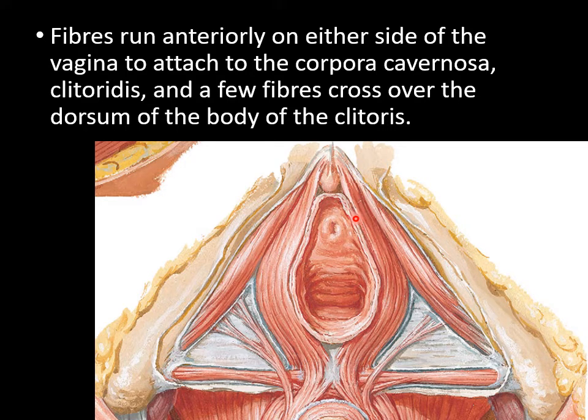So in the case of males, they are joining with the corpora cavernosa, which are extensions of the ischiocavernosus. But in the case of females, these fibers extend anteriorly, and then they cross over the dorsum of the clitoris and join with the opposite side bulbospongiosus. And here you can see the bulbospongiosus, and this is the clitoris.